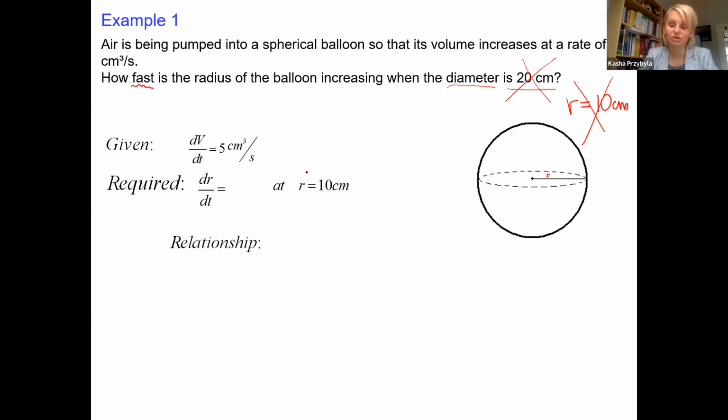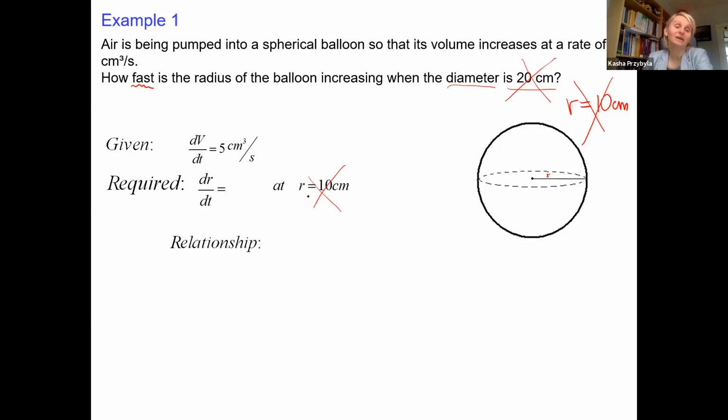But radius is not really 10 for us. Do you remember from the procedure, steps 5, 6, and 7? In step 7, we will take that 10 and substitute, not at the beginning, okay? That's the only common mistake that we're making. Otherwise, everything is nice and easy.